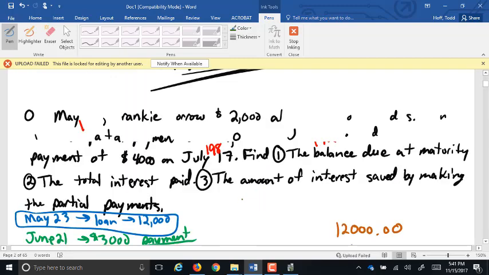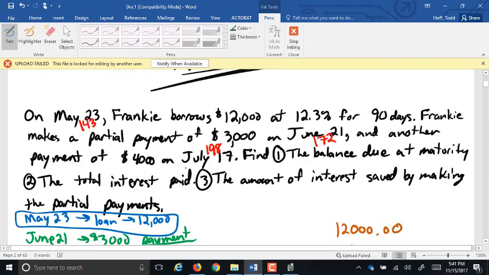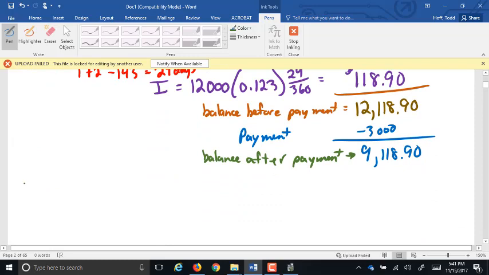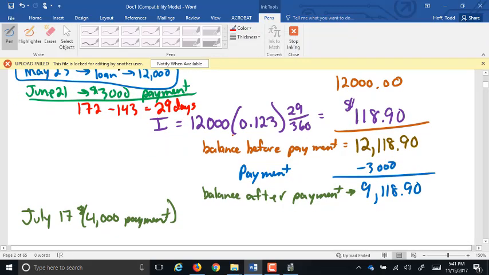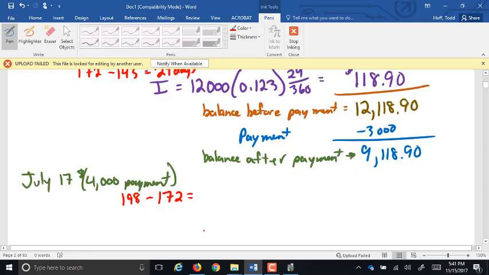So then our next event is on July 17th, and that is a $3,500. Was it $3,500 or $4,000? $4,000. Okay, $4,000 payment. So that is on day 198, and our last action was on day 172.